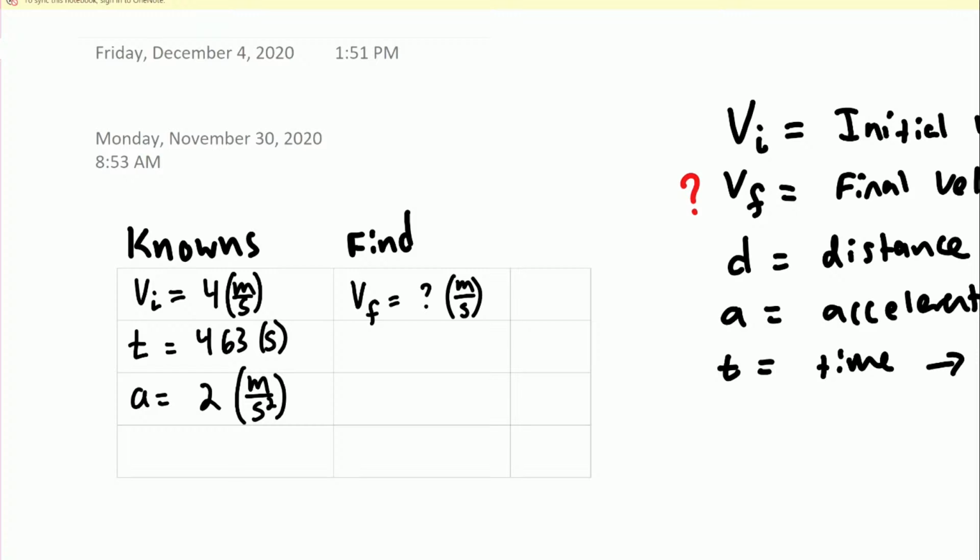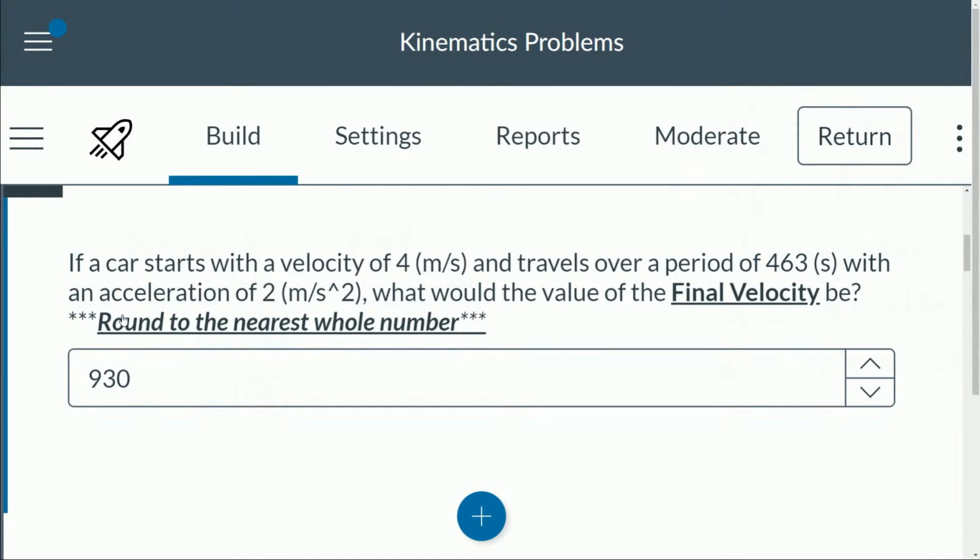It's pretty simple, right? All I've done is I've read through the problem, so I understand what's going on. I have a car that starts with a certain speed, it goes for a certain amount of time, and it's accelerating the entire time. And I want to know how fast it is going at the end of that time. That's my objective. So I'm given the starting velocity, the amount of time, and the acceleration.